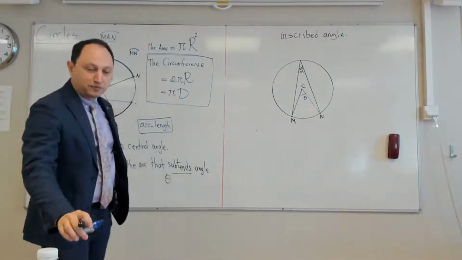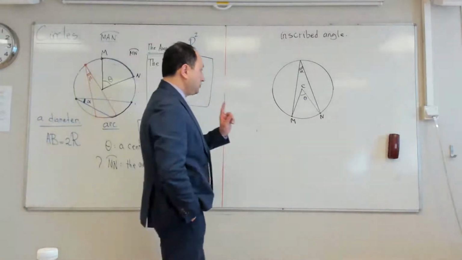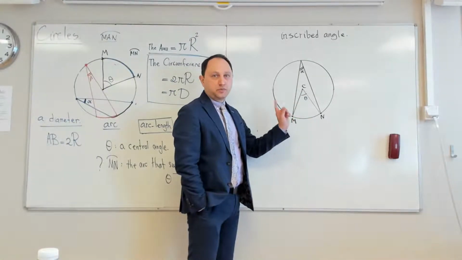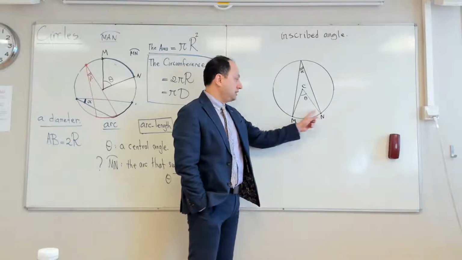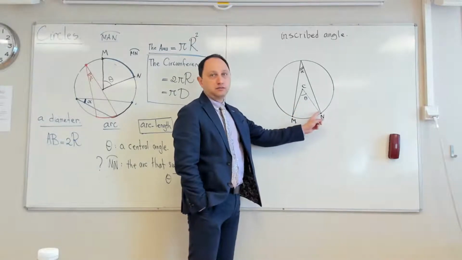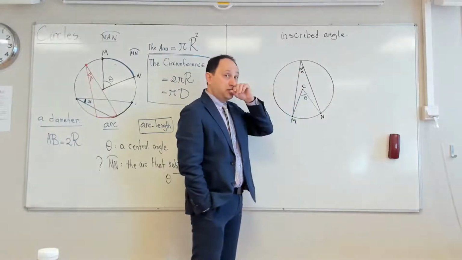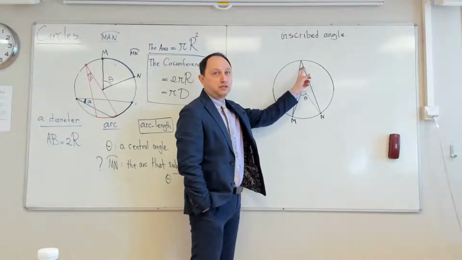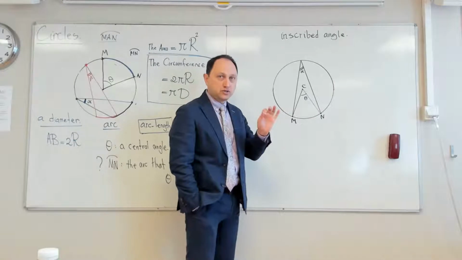I am not drawing them randomly; they are arbitrary only up to the point that you need to respect. If I ask you what is the arc subtended by central angle theta, you will point to the arc MN. If I ask you the same question, what is the arc subtended by inscribed angle alpha, again, you will point to the same arc. So this is crucial.